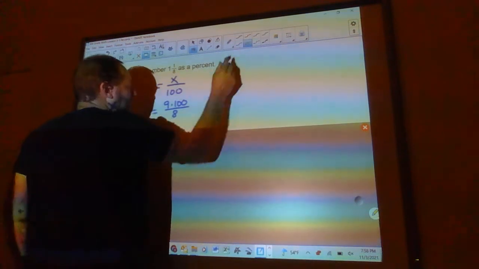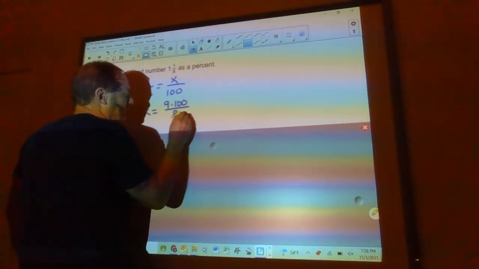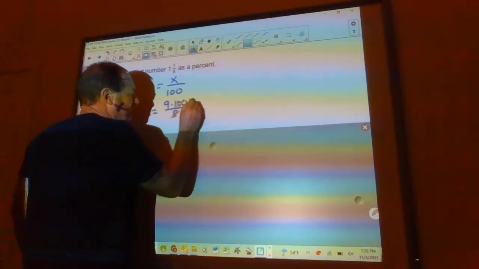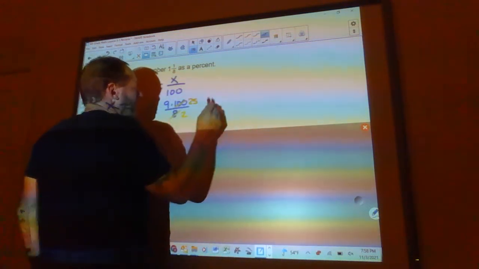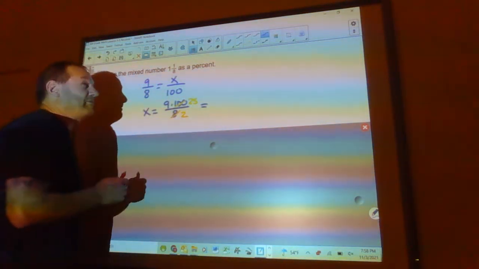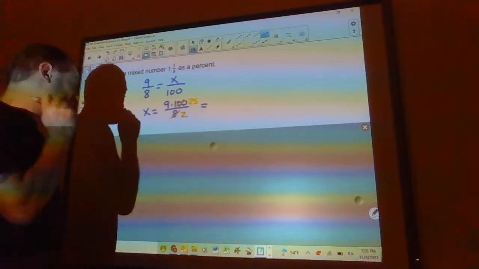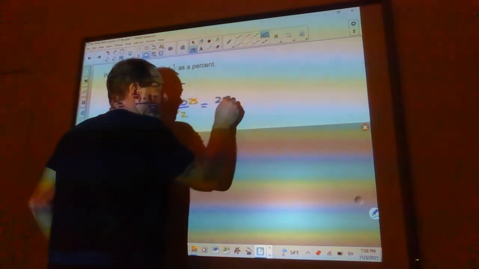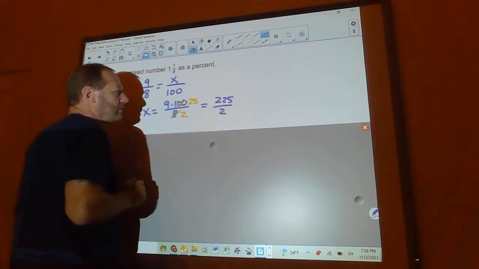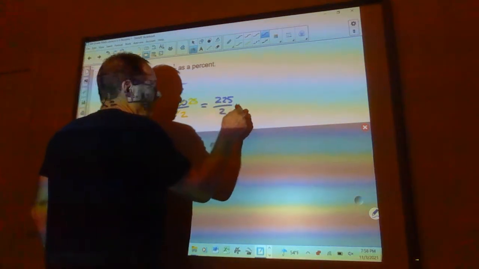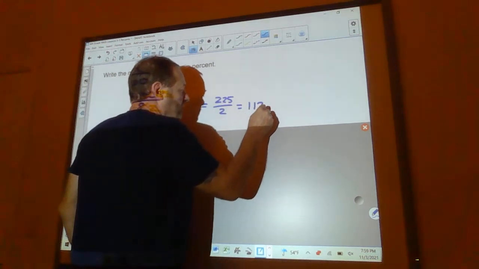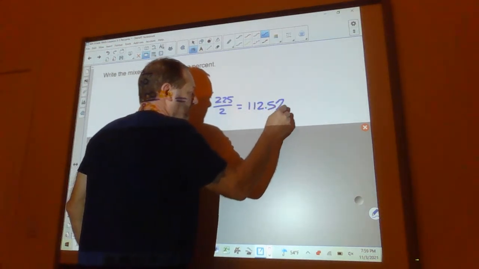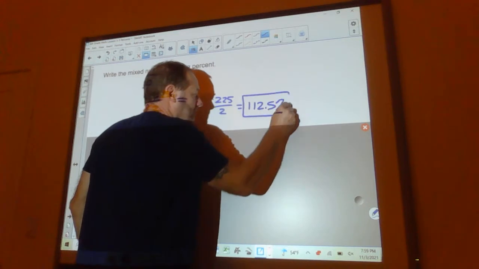Let's see, I can do this. 4 will go into 8 twice, and 4 will go into 100 25 times. So then 9 times 25, that's going to be 225 over 2. And I can go ahead and divide that in there. That's going to be 112.5%.